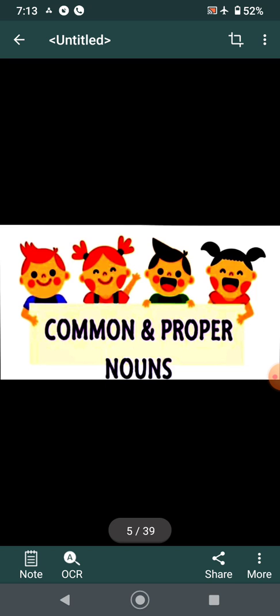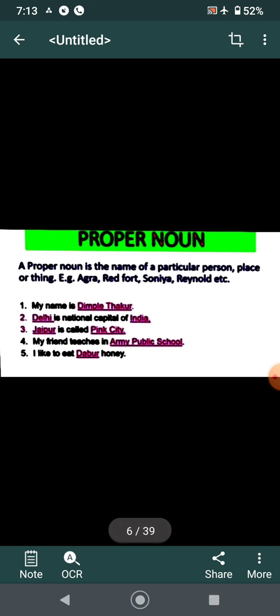Now, common and proper nouns we had done yesterday. A quick recap of what are proper nouns and what are common nouns. A proper noun is the name of a particular person, place, animal, or a thing. Example: Agra, Red Fort, Sonia, Reynolds, etc. Here are 5 examples which I read yesterday also. My name is Dimple Thakur.